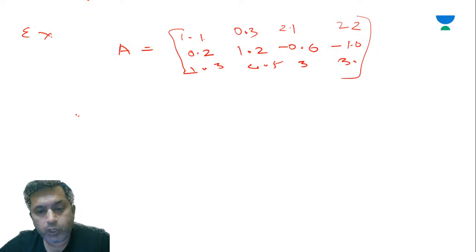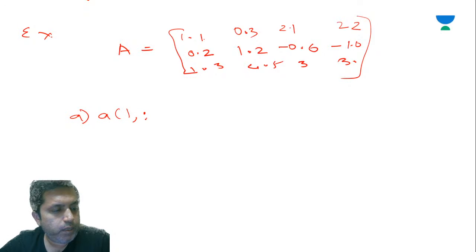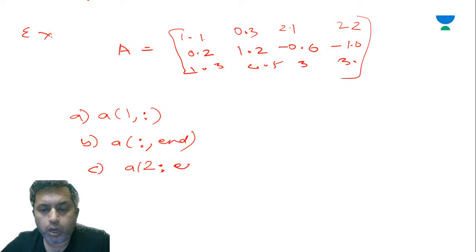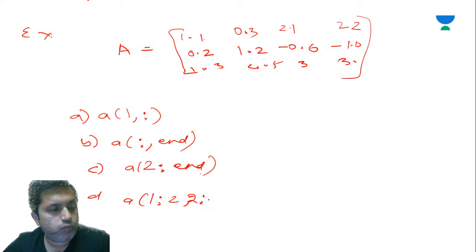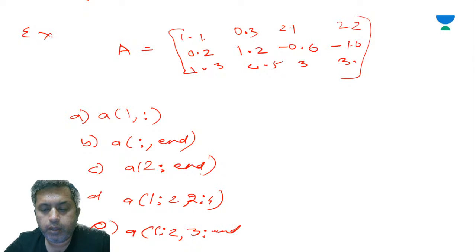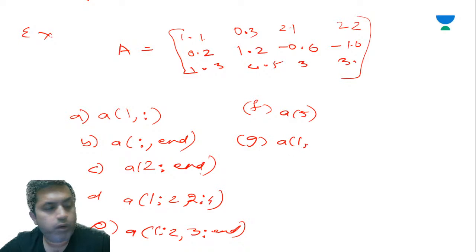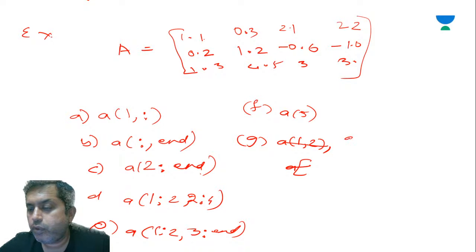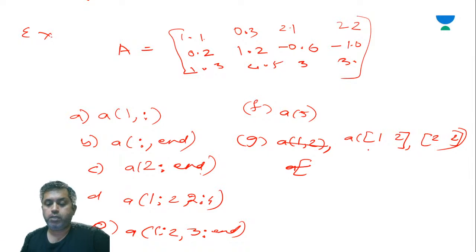Okay, you need to determine A(1,:), A(:,end), A(2,end), A(1:2,2:4), A(1:2,3:end), A(5), A([1 2],[2]) is the value you have to find out.